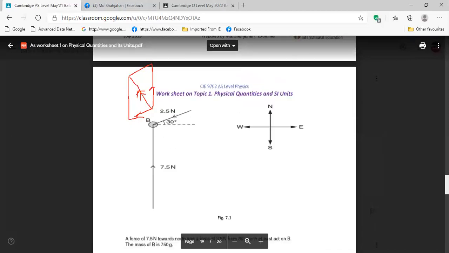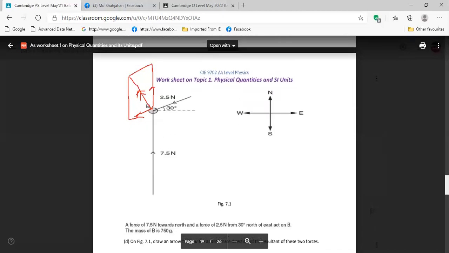And we can also label it as resultant. If you label it as resultant, then it will be more specific. So this part is done.